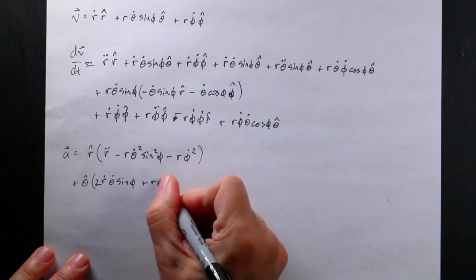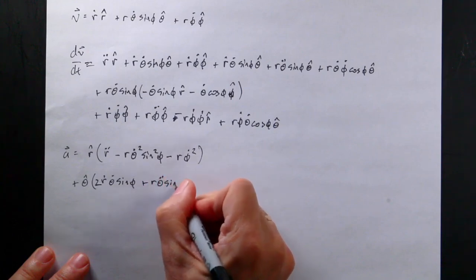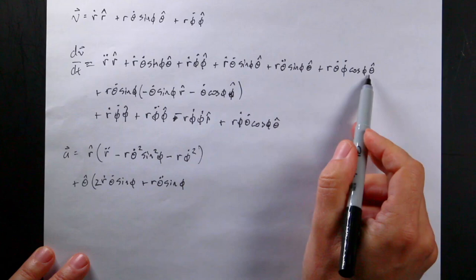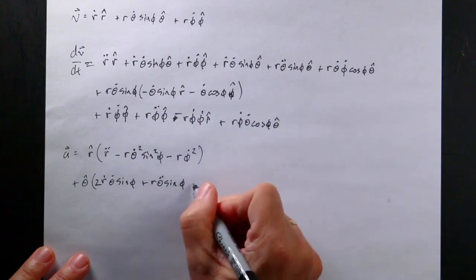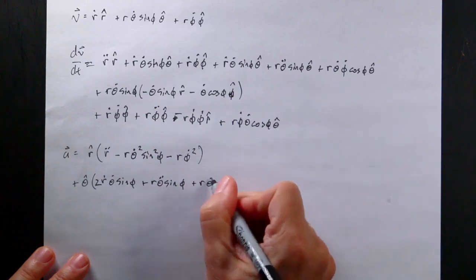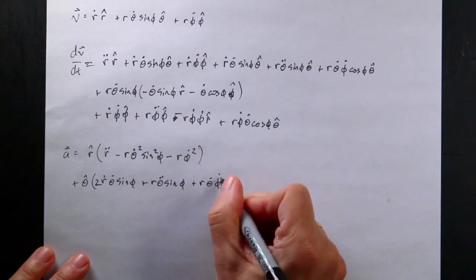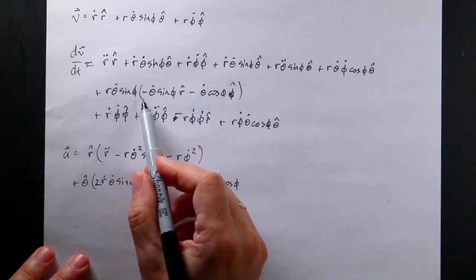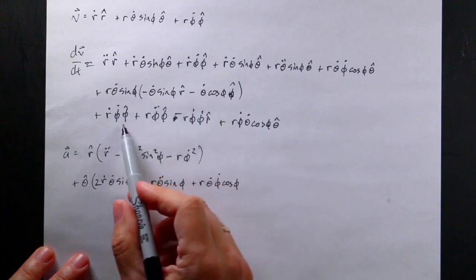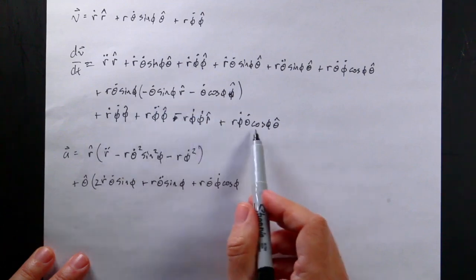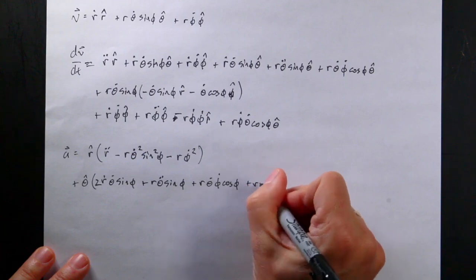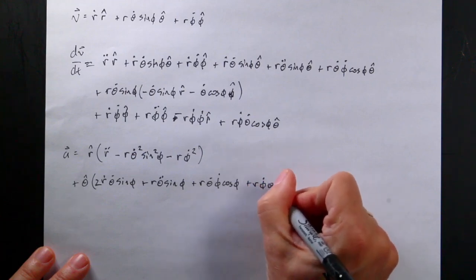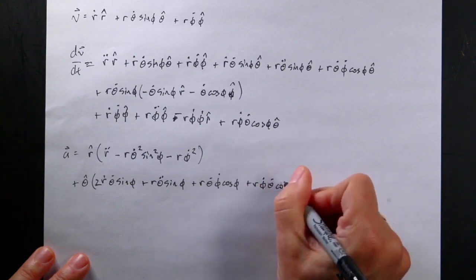Plus r theta double dot sine phi. Here's another one. Plus r theta dot phi dot cosine phi. There's none right there. This one right here. Plus r phi dot theta dot cosine phi. So I have 2 of those.